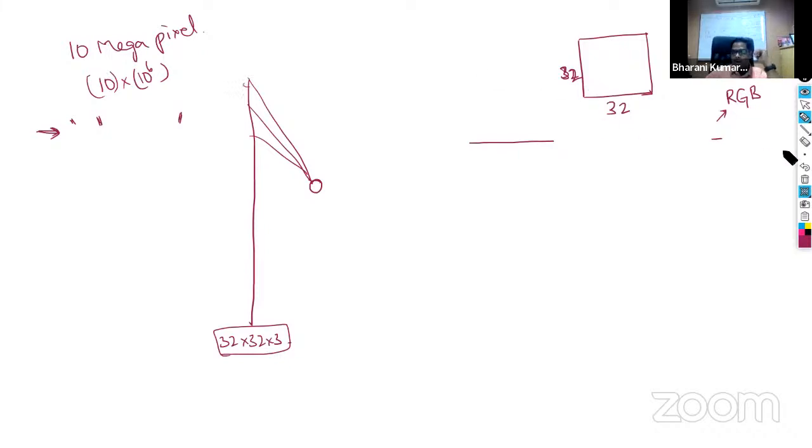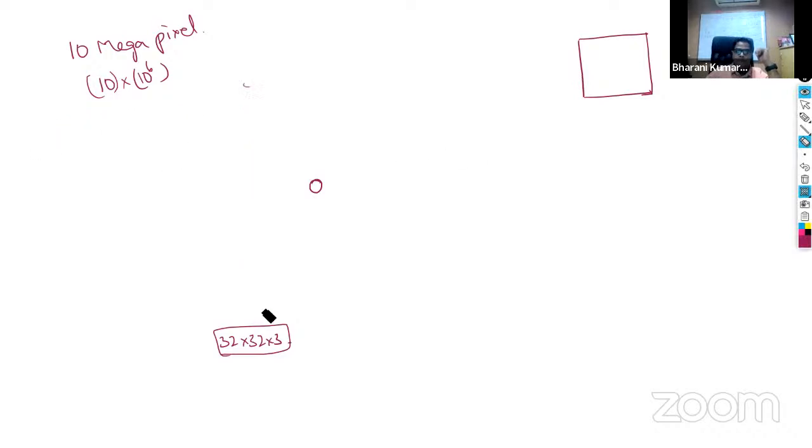So if you have a 10 megapixel camera and if you have such a high quality image, do you know what will happen? These many pixels you're going to have. Into, if it's a color image, multiplied by 3.